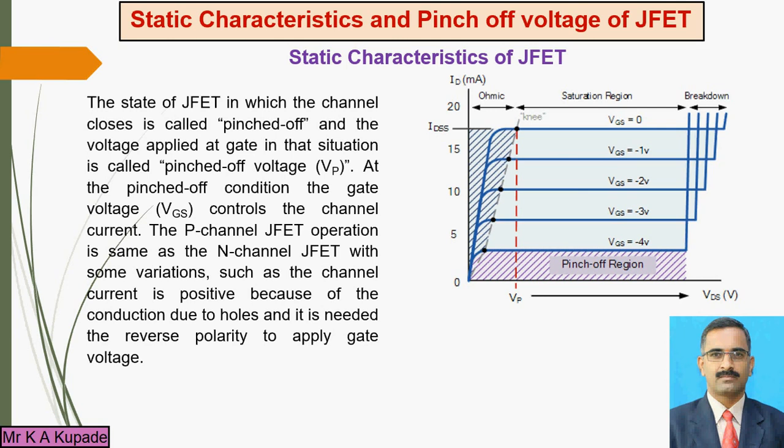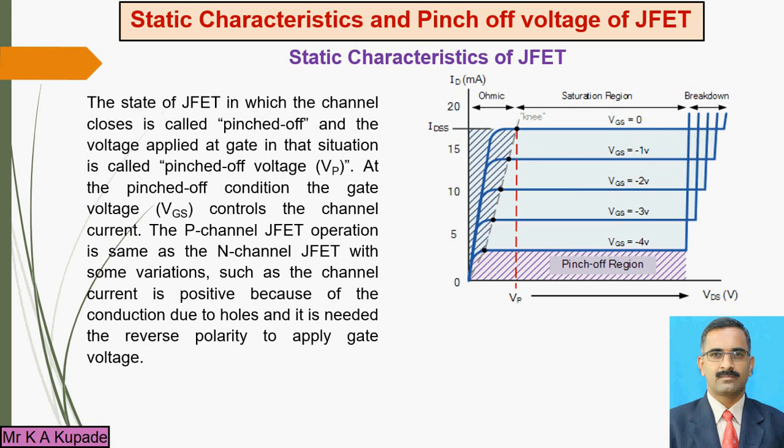Now in the N channel, due to the gate voltage applied, the majority carriers, that is electrons, are blocked because the depletion region closes, and whatever variation happens in the current after that is due to the minority current. That condition is called the breakdown.